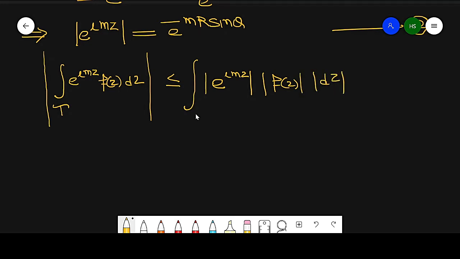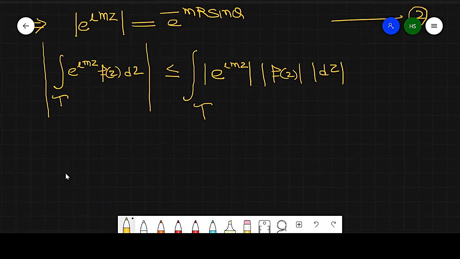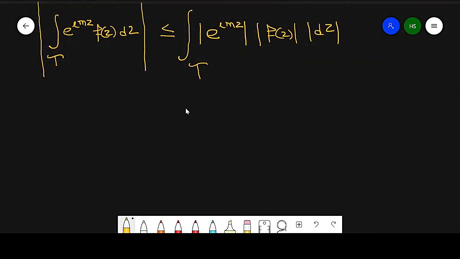This is around this gamma, this around tau. Now we already proved that this value is equal to e raised to power minus mr sine theta.